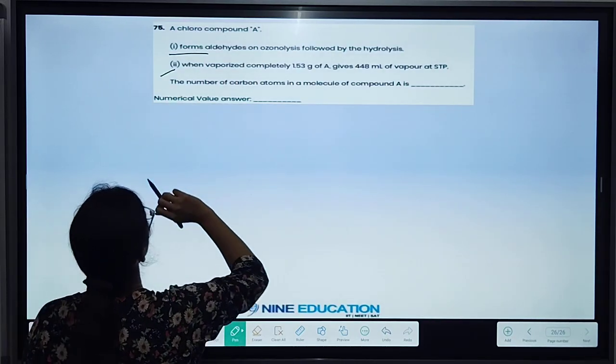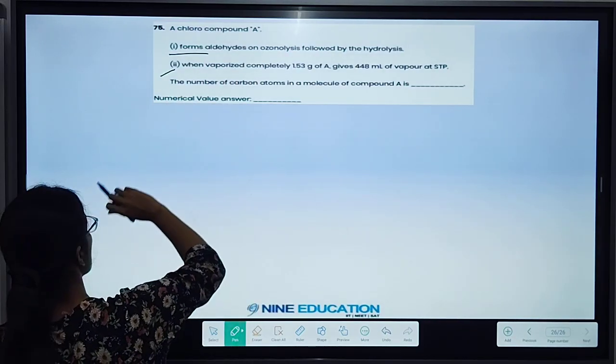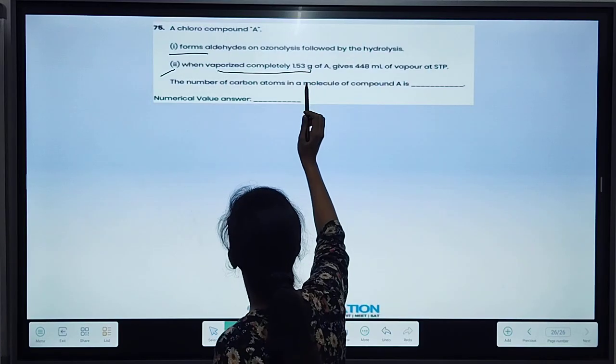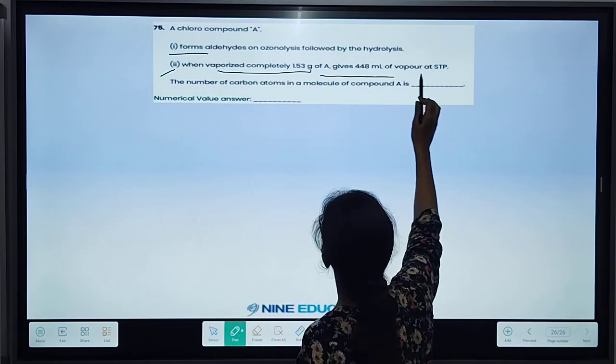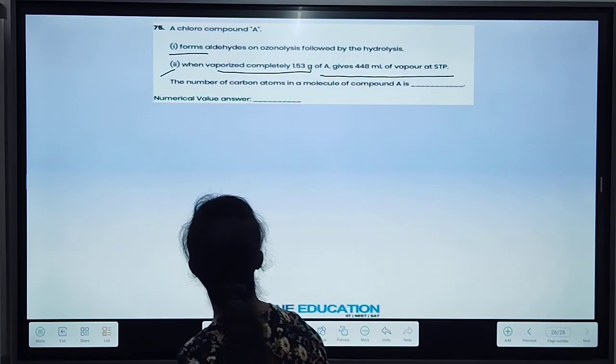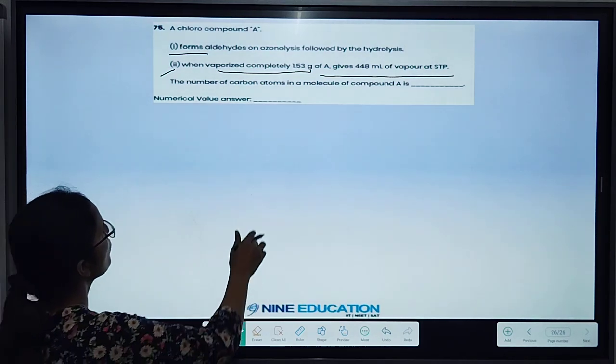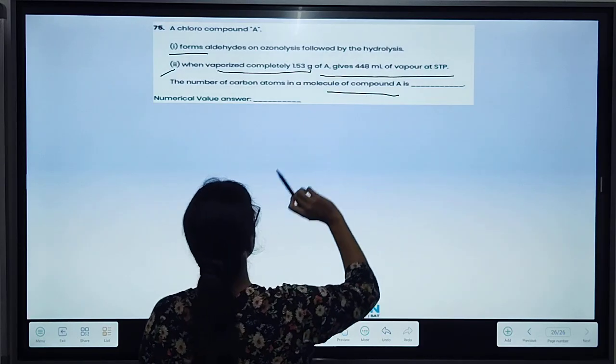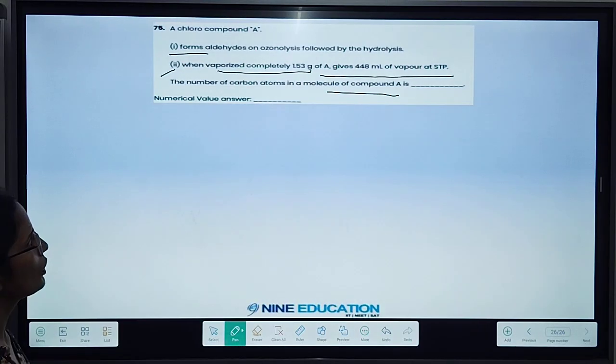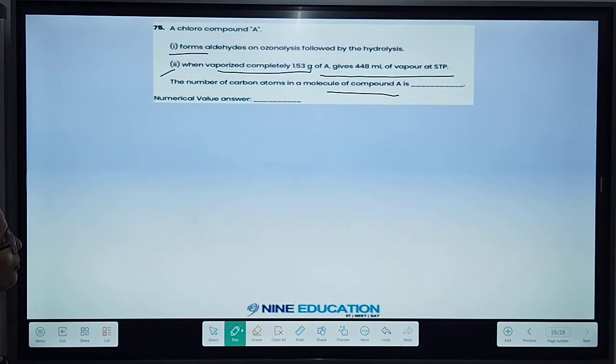The second statement given is, when vaporized completely, 1.53 gram of A gives 448 ml of vapor at STP. We need the number of carbon atoms in a molecule of compound A. Okay, so as such there is no molecular formula given for the compound A, but some information is provided related to that.